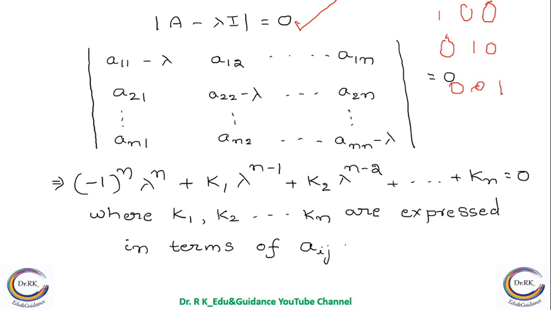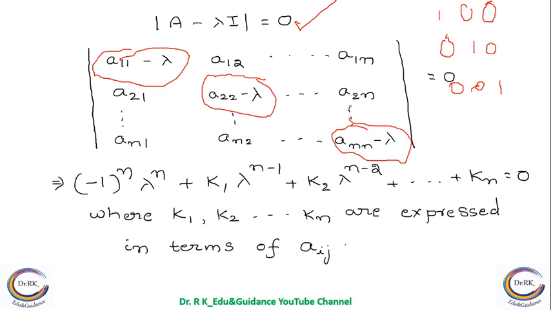If you multiply this by lambda, only the diagonal elements vary: lambda, lambda, lambda. Then A minus lambda I: that's why you can see here a11 minus lambda, that is a diagonal element, a22 minus lambda, and so on, ann minus lambda.